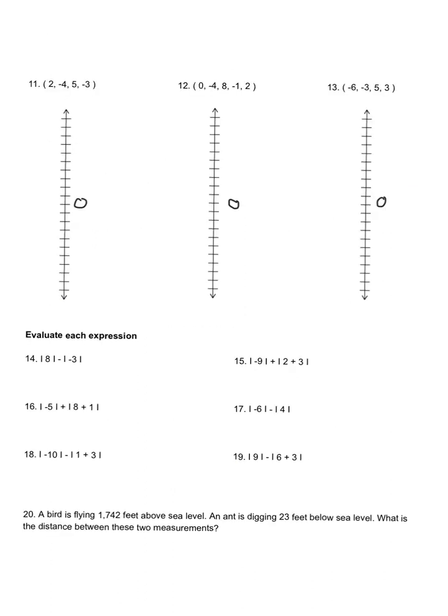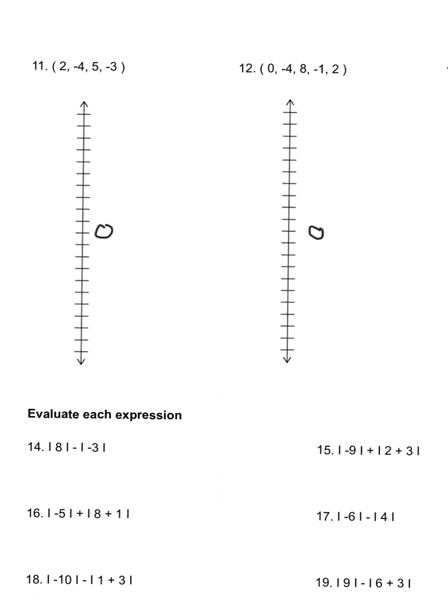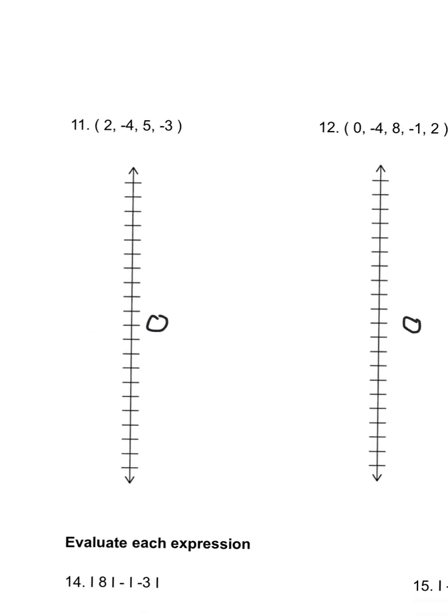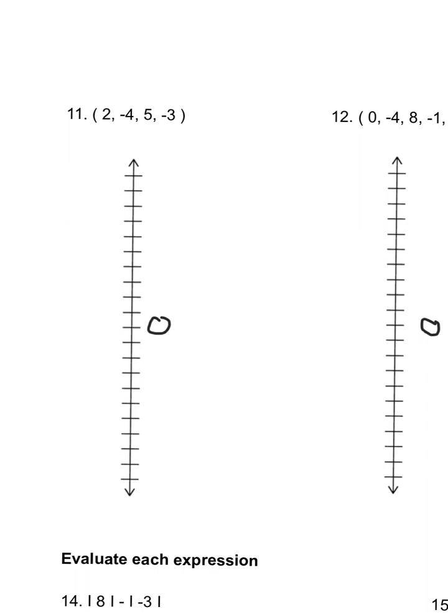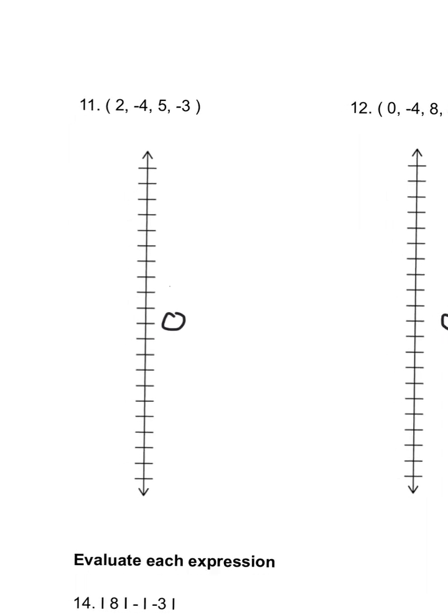Looking at the next page, we'll take a look at our vertical number lines. First one, number 11, graphing a 2 and a -4, 5, and a negative 3.